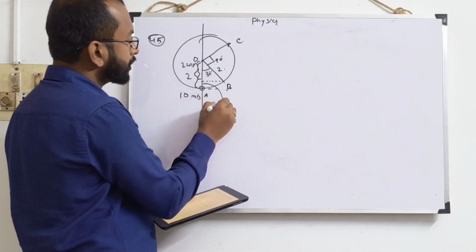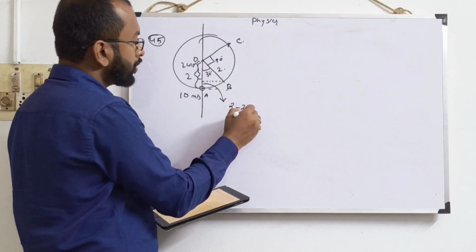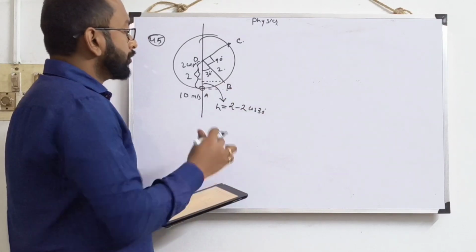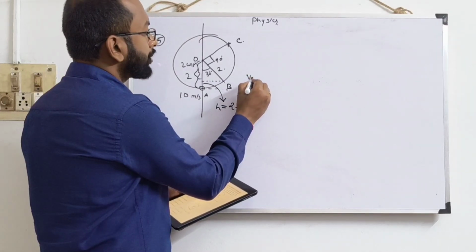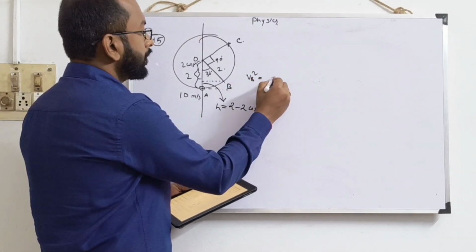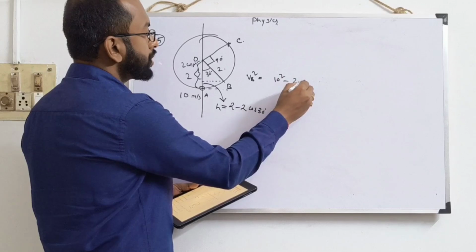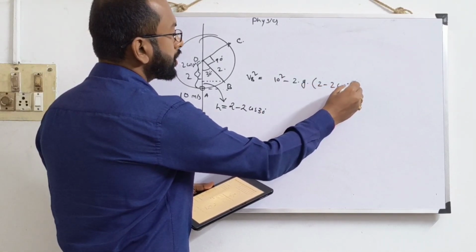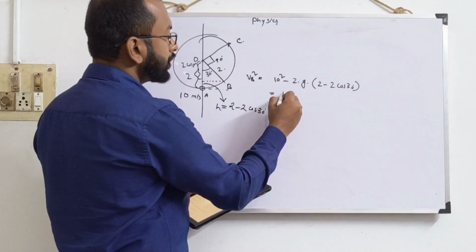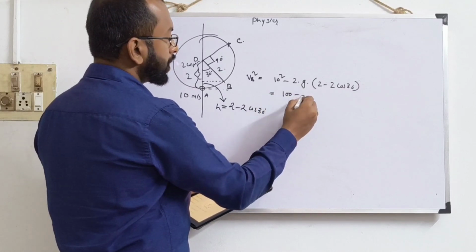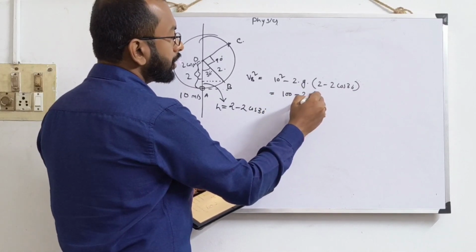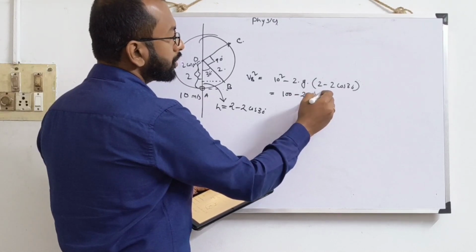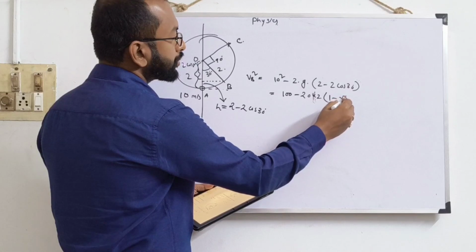The vertical distance between A and B is 2 minus 2 cos 30. That is h. So velocity square at B will be initial velocity square minus 2 g h. h is 2 minus 2 cos 30. g we will take as 10 only, so 20, we will take 2 common, so into 2 times (1 minus cos 30), that is root 3 by 2.